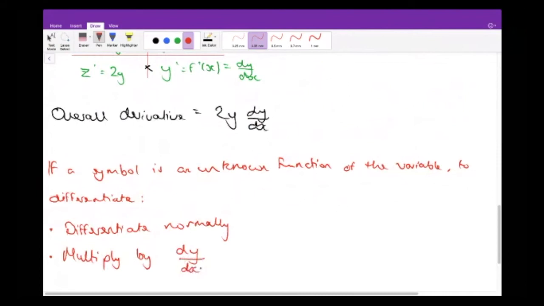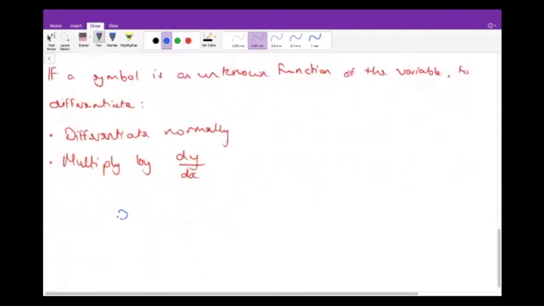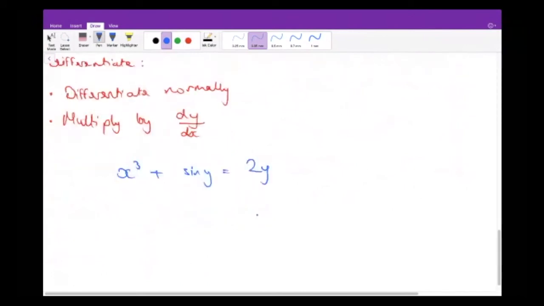Okay, so for example, let's say I've got x cubed plus y plus sine y equals 2y. Okay. So differentiating a function of x is still exactly the same.